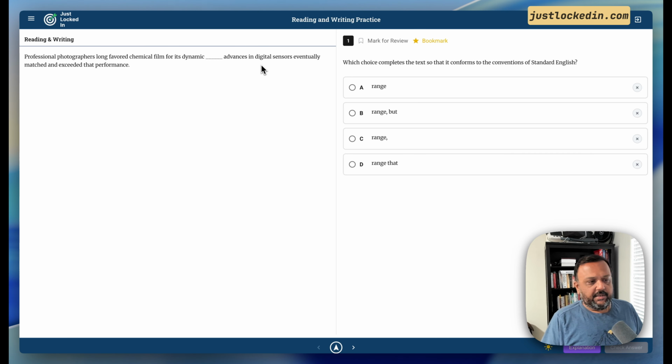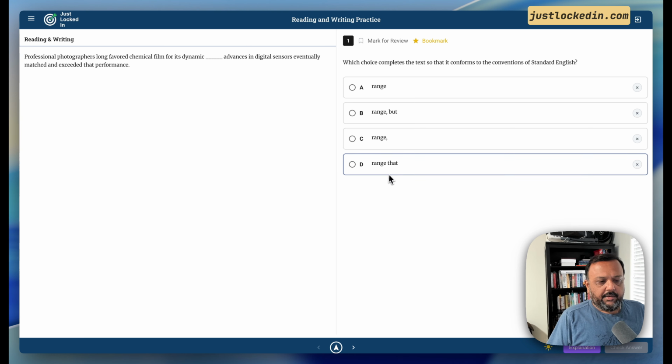So that's what it is. The first clause says something, and the second clause adds a contrast to that. It says, well, that was true for so long. However, it is not true anymore. All right. Okay, so let's look at the answer options.